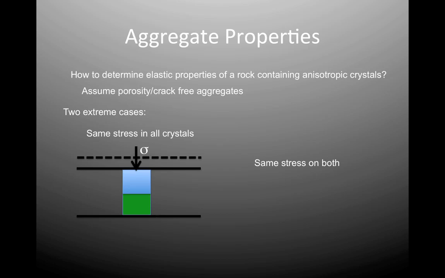So we have the same stress in both crystals. It makes sense now that we look at strain as proportional to some compliance times the stress. We need to, for constant stress, average the compliances. We'll call this the Reuss average.